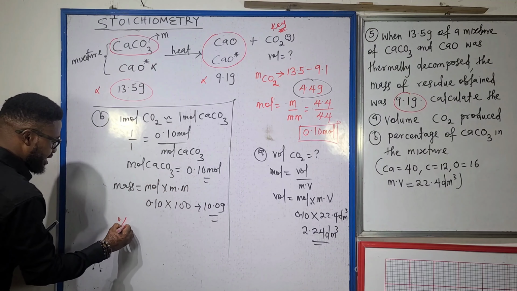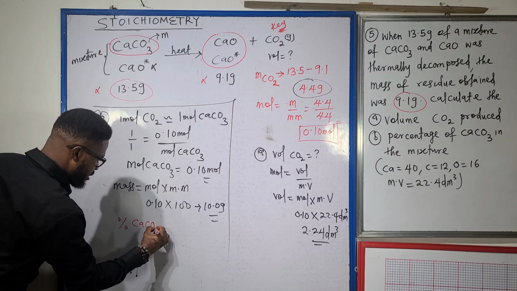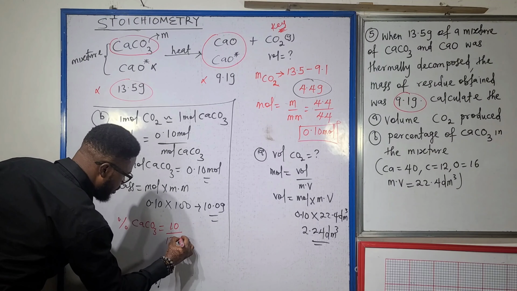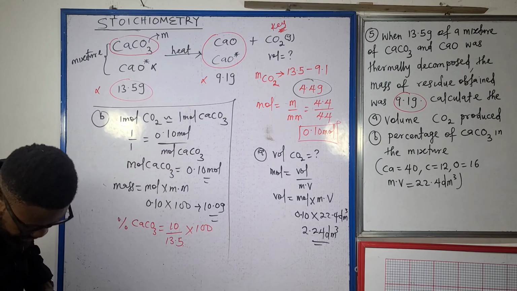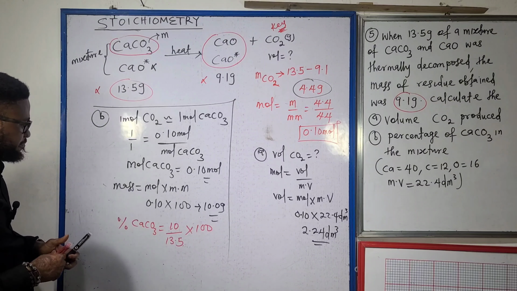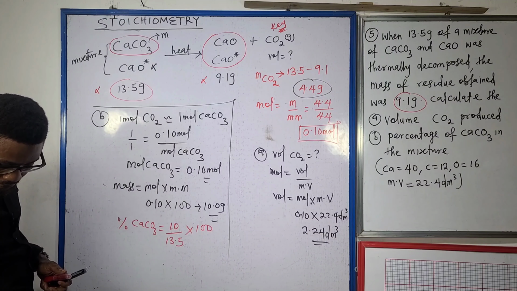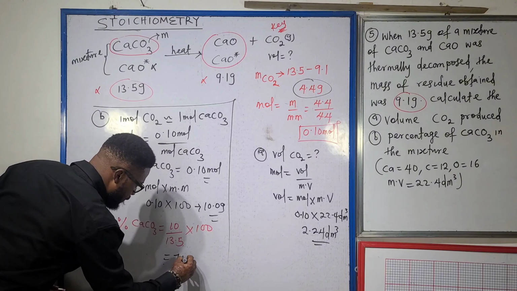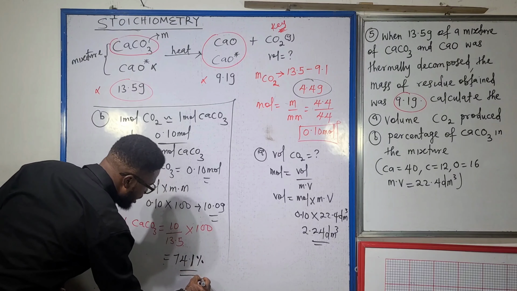So the percentage of CaCO3 in the mixture is going to be 10 out of 13.5 times 100, and that is 74.1%. That is how it works.